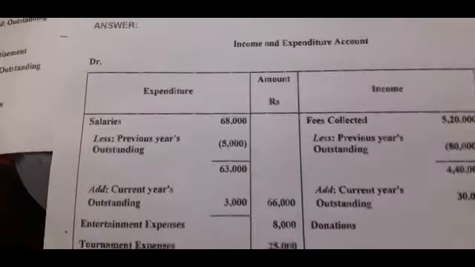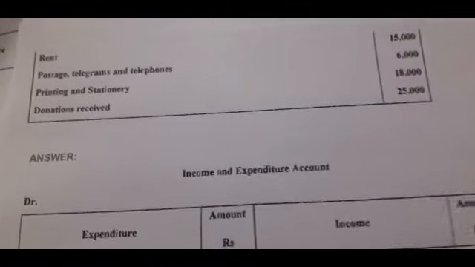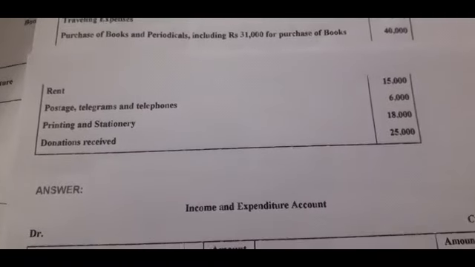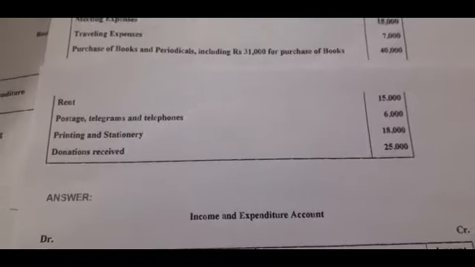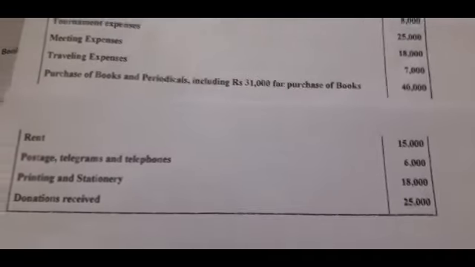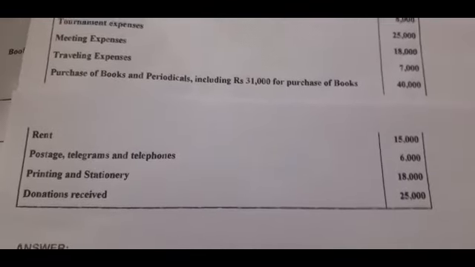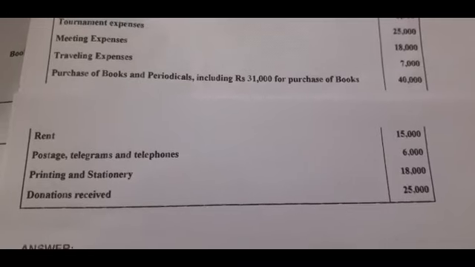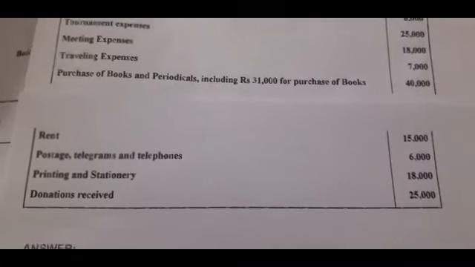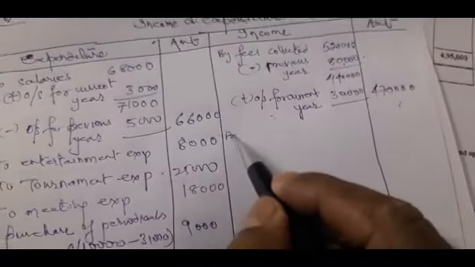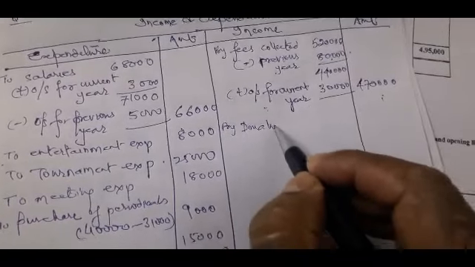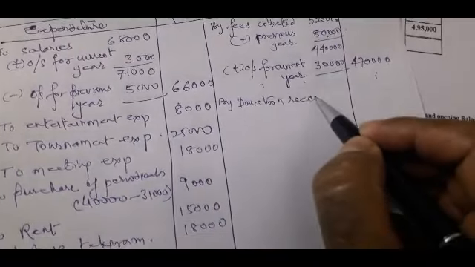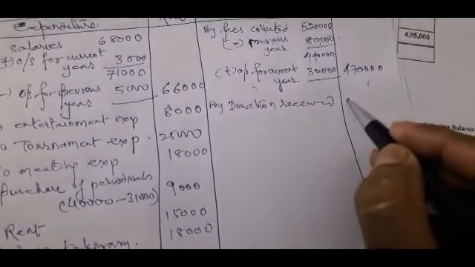And donations received are 25,000 rupees. No information is given regarding these donations. That means it is a donation received by the club for general purpose. General donation will be an income, by donation received, 25,000.